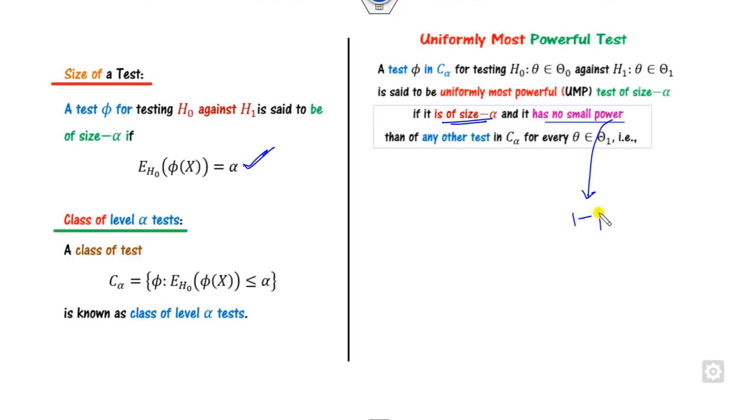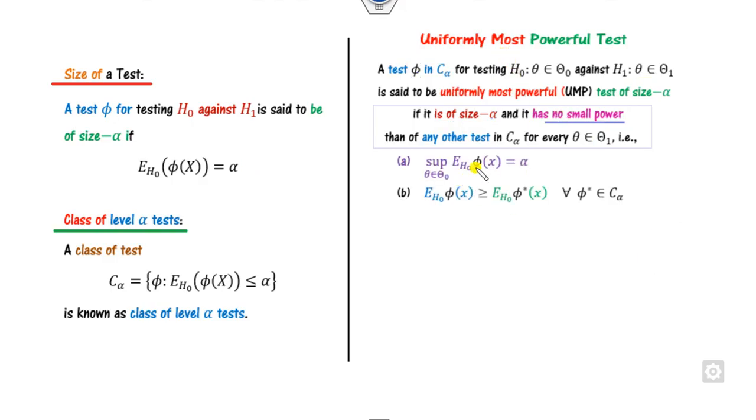We all know that power is 1 minus beta. What is beta? That is the probability of type 2 error. We already discussed in detail what type 1 and type 2 errors are. So it means if you have a test statistic phi, and it has no smaller power than any of the other tests belonging to the H1, that is called the UMP test.